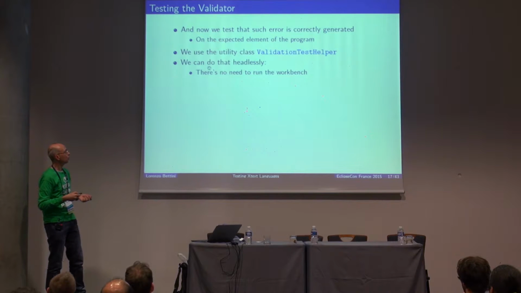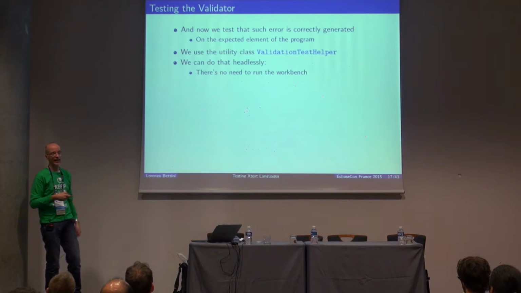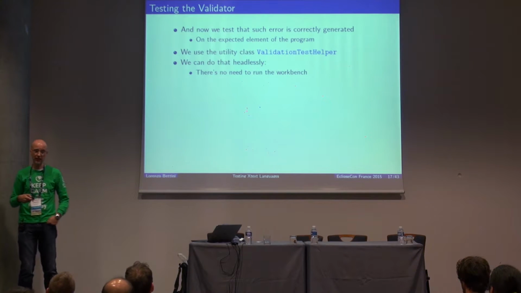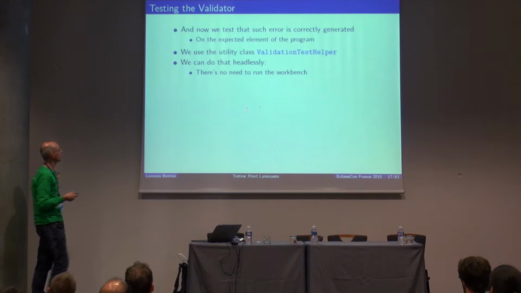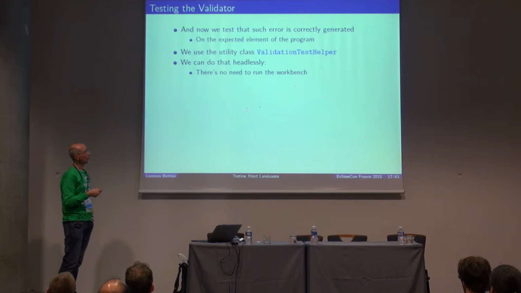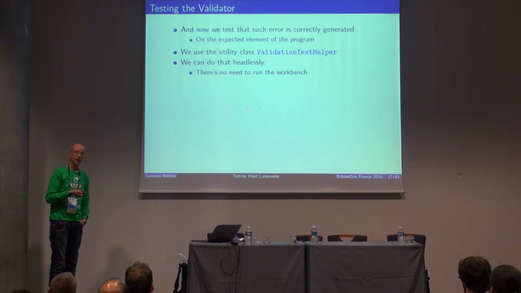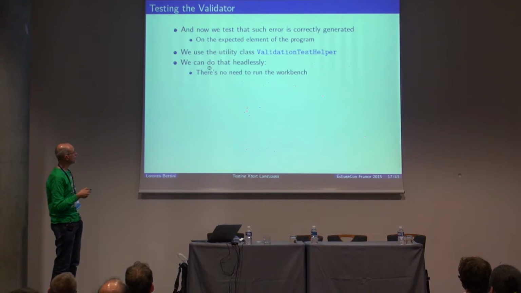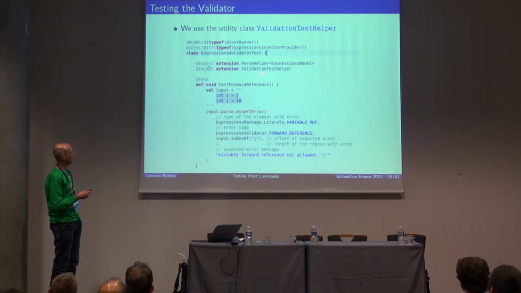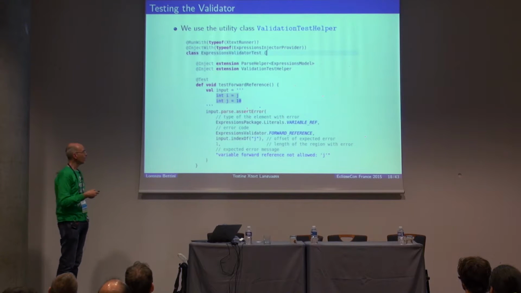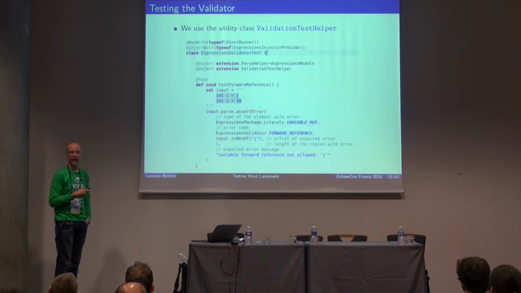Okay? We can use this validation test helper from the Xtext testing framework. Okay? So it's quite easy to use that. We don't need the workbench. And just by injecting this class, we can assert many things. So given this input program, I expect an error on this variable reference, okay? Because it's a forward reference.